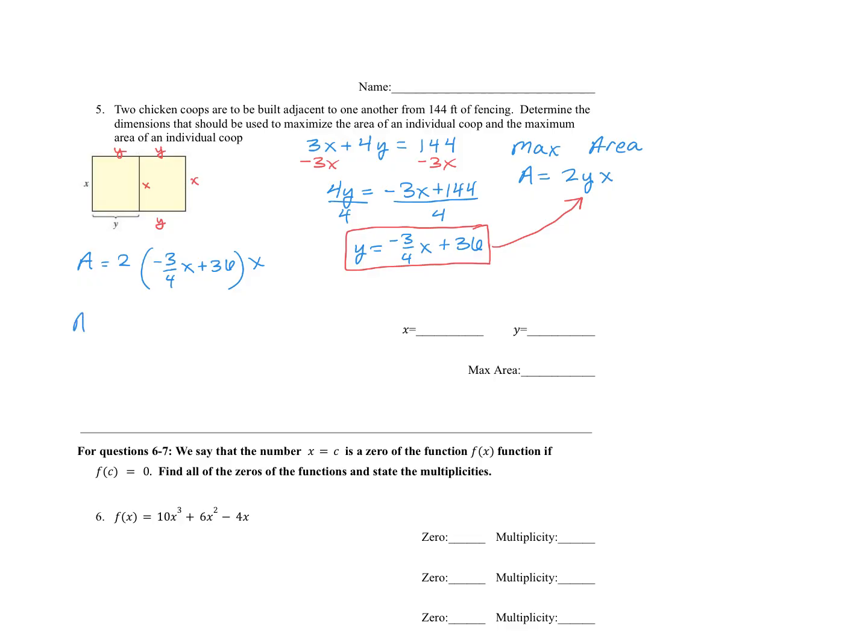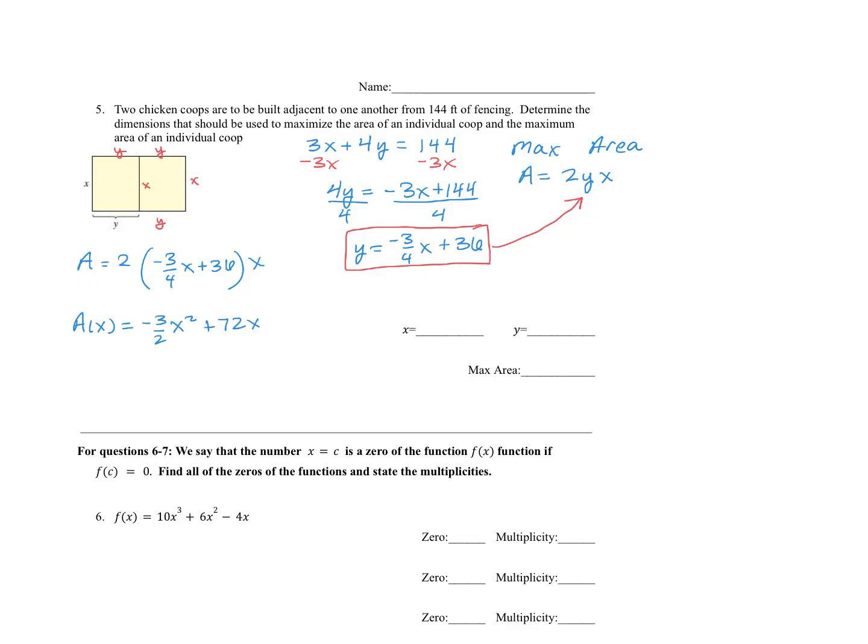If we multiply that out, and by the way, we should call this a function, A of x, that's going to be negative 3/2 x squared plus 72 times x. So that is our area function.